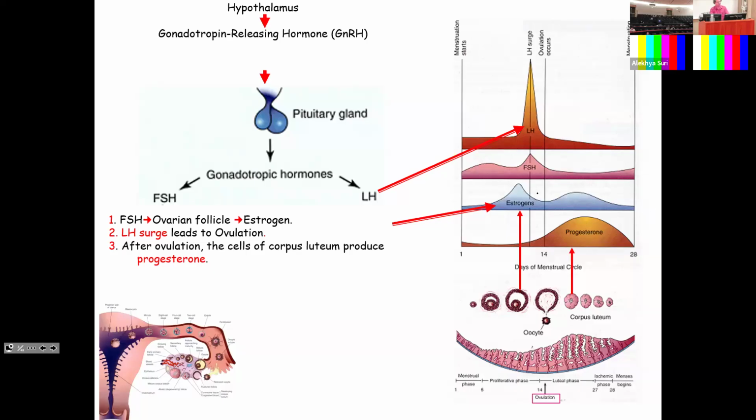It doesn't go all the way down, but estrogen plays a role in the first half of the cycle and progesterone in the second half. And LH is almost at the middle of this cycle, and is responsible for the ovulation. There is a surge and then there is ovulation, okay?